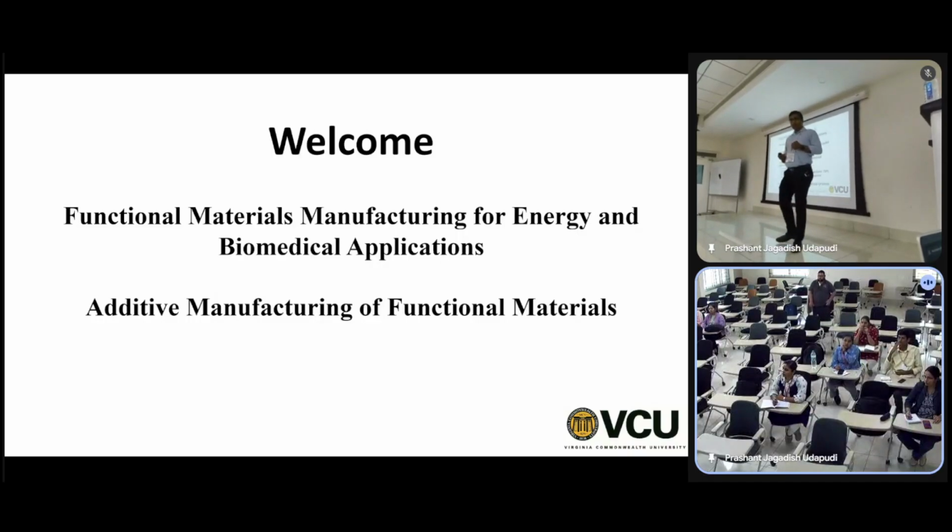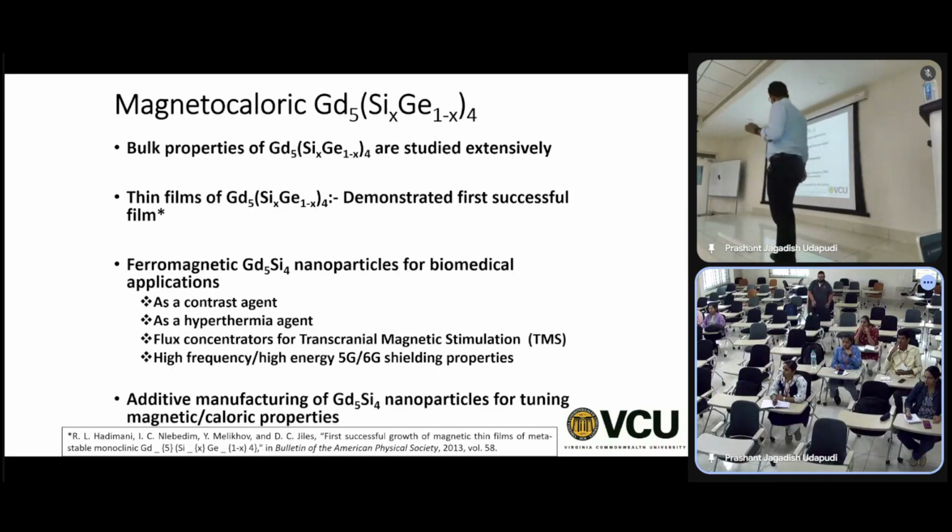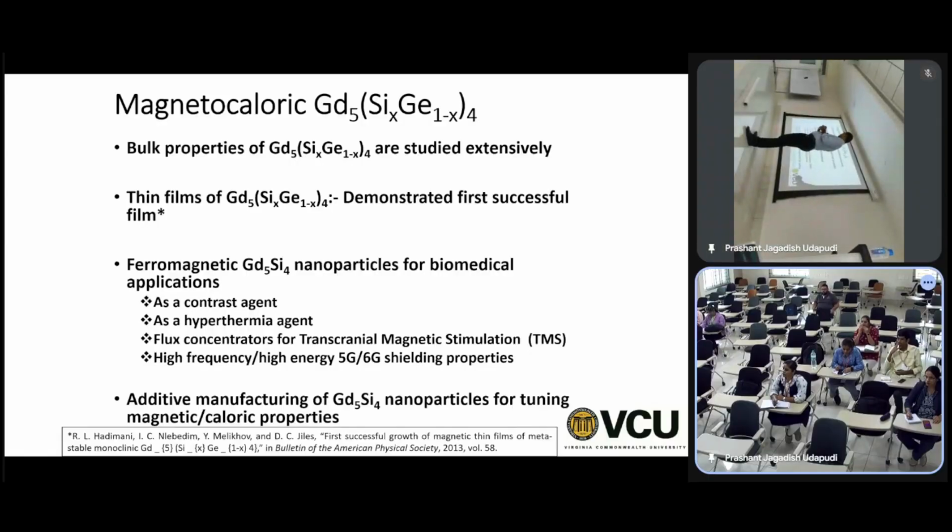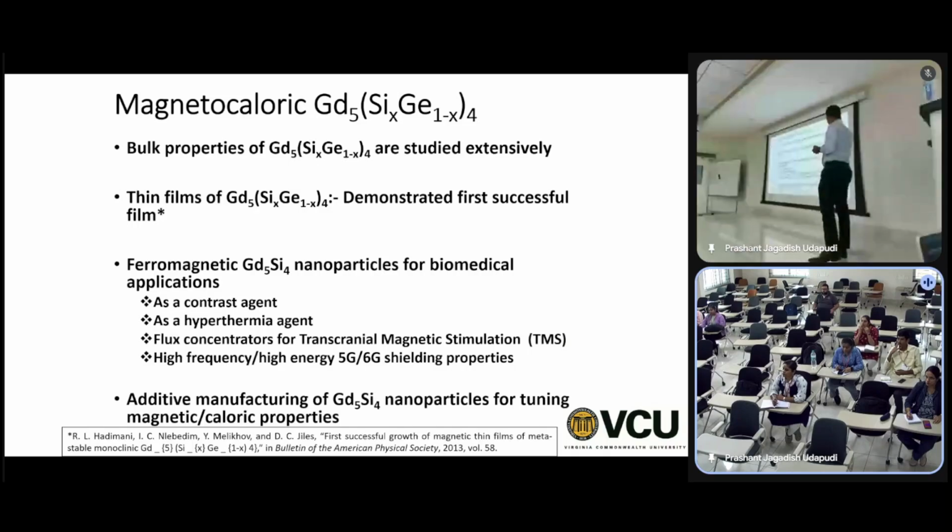But for functional materials, you have additional ways you can control the properties, right? And I specifically talked about this magnetocaloric material that heats up when you apply a magnetic field. If it heats up when you apply a magnetic field, then you can use it.